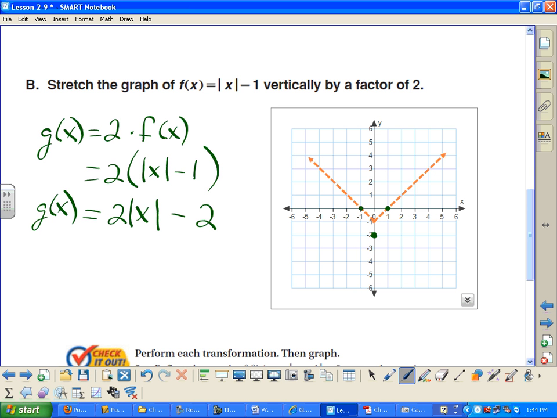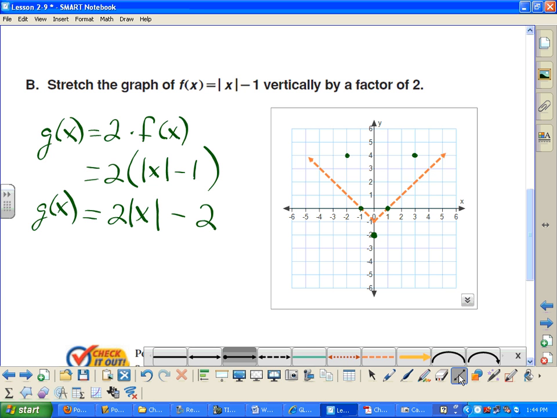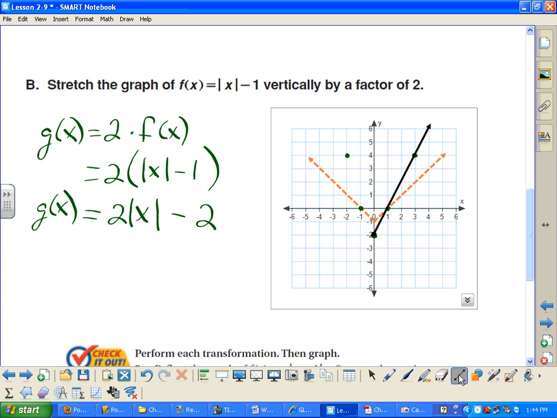Let's try these here. The y value here is 2. What's 2 times 2? 4. So these are going to be up here. All right, so now my graph looks like this. Oops, what did I do wrong?